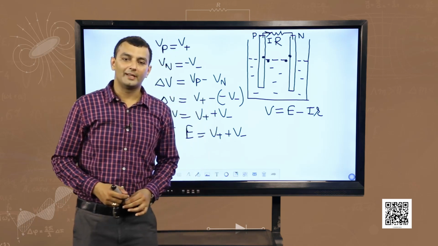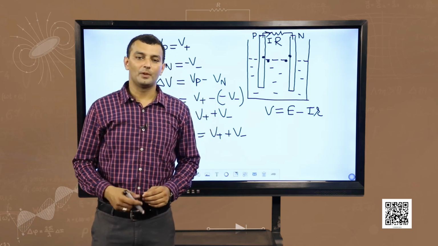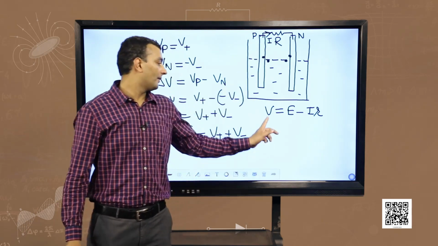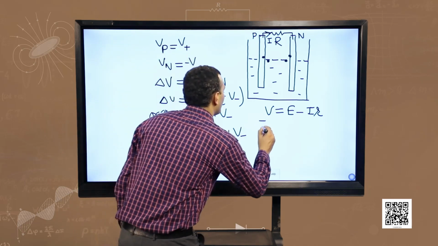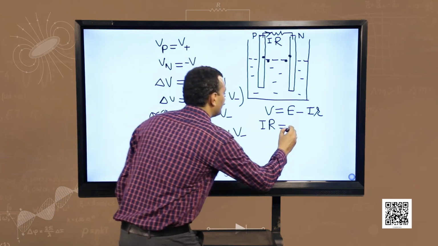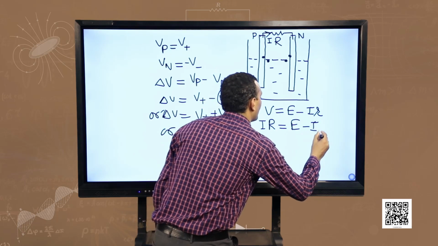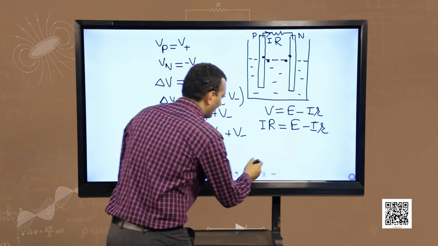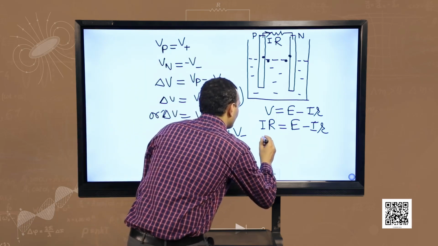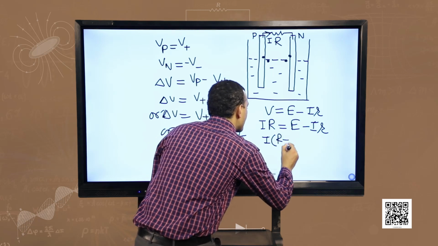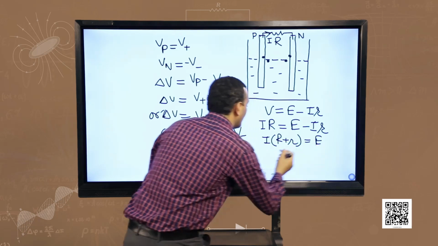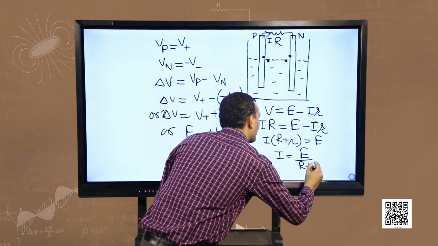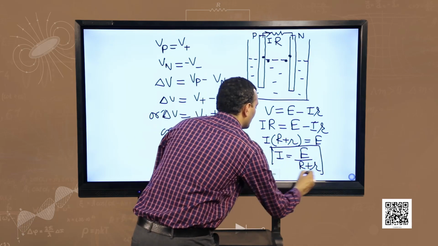We also observe that since capital V is the potential difference across R, by Ohm's law V can be written as I into R. From this expression, we can get the value of the net current, and this comes out to be E upon capital R plus small r.